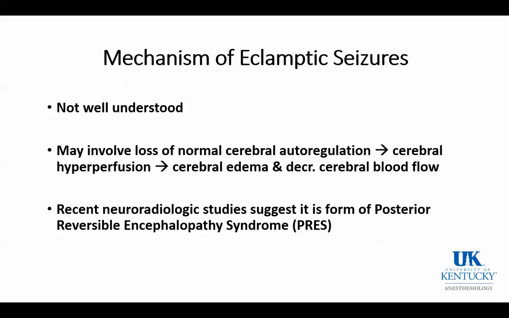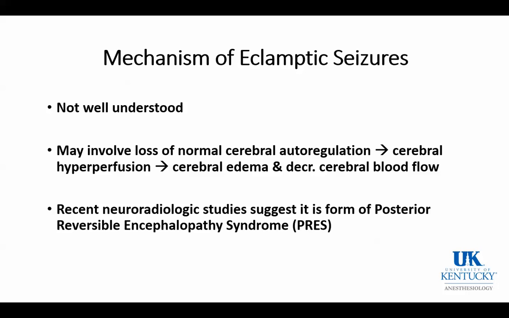In terms of the mechanism of these eclamptic seizures, it's not well understood. It's felt that it may involve the loss of normal cerebral autoregulation that leads to cerebral hyperperfusion, and then that progresses on to cerebral edema and decreased cerebral blood flow.